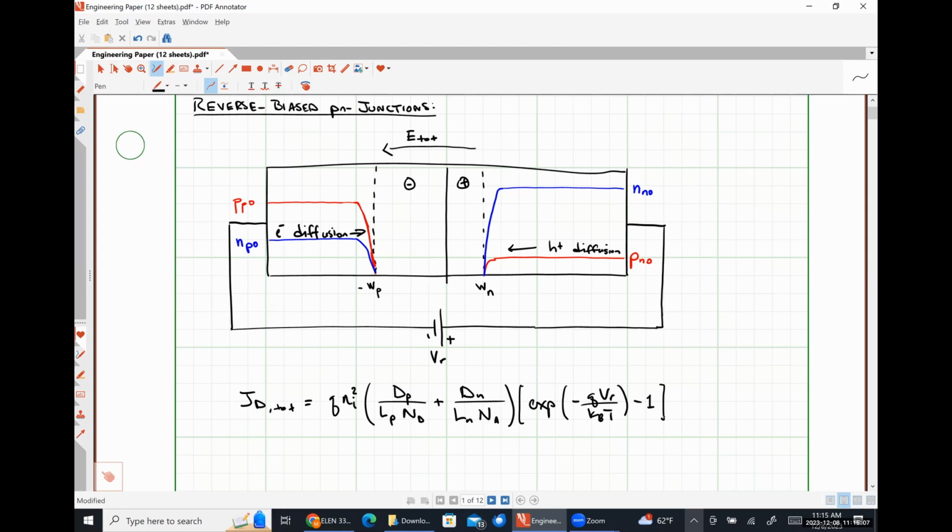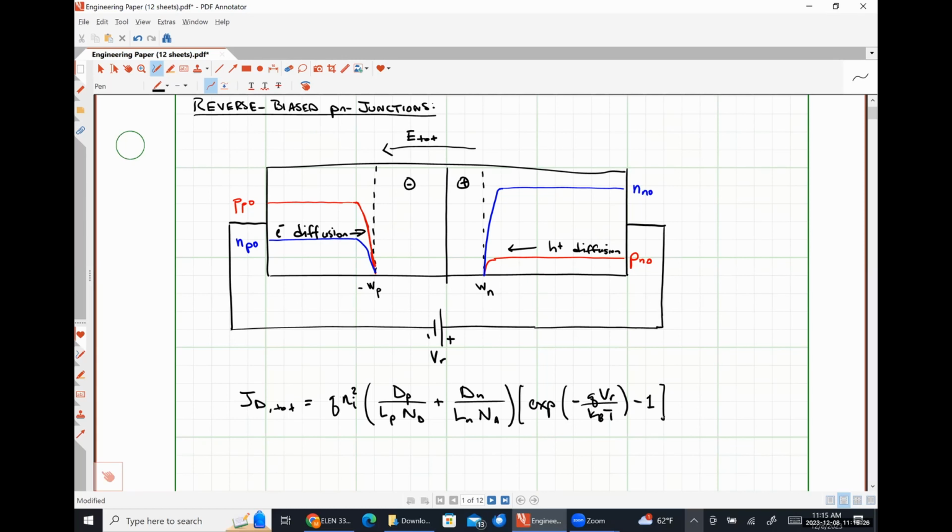When we looked at the total diffusion current density for a forward bias PN junction, it was literally this exact same equation, except that we didn't have a negative sign right there.